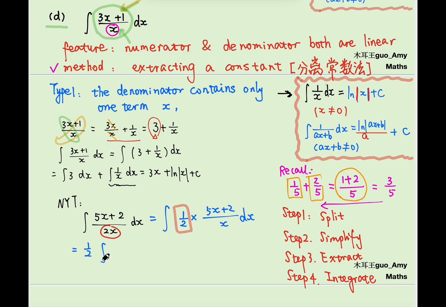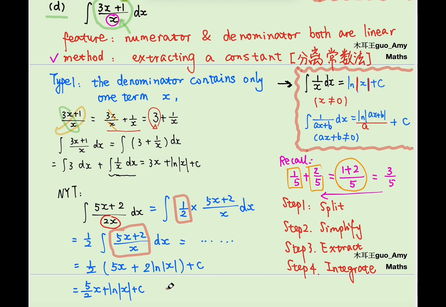Now a half can be placed outside of the integral sign. Then we will have 5x plus 2 all over x. Now it is the basic type 1, and we are going to follow these steps to get the final answer. You can pause the video to try on your own. Then please check whether you have the accurate answer.